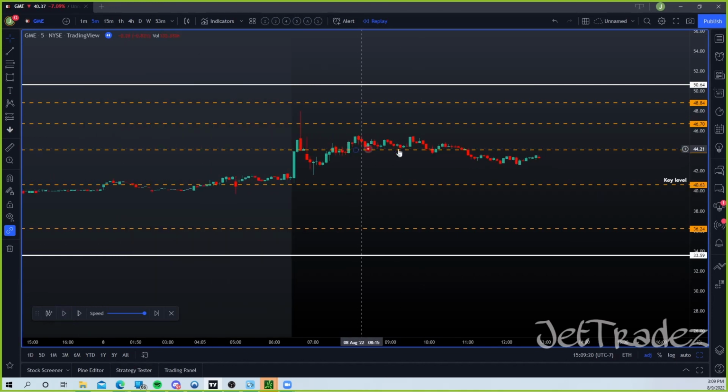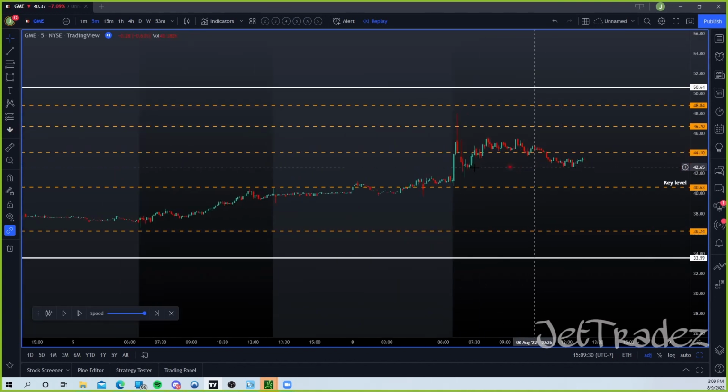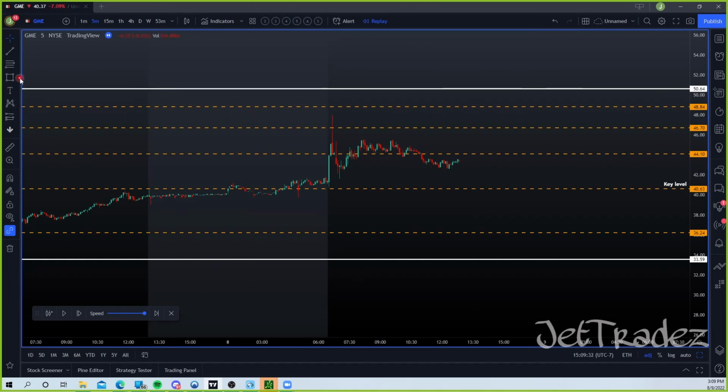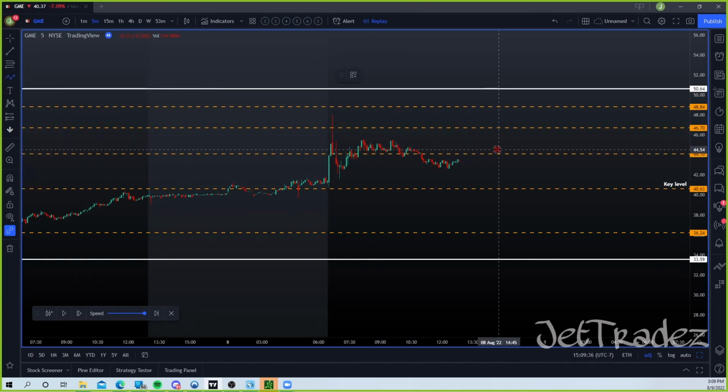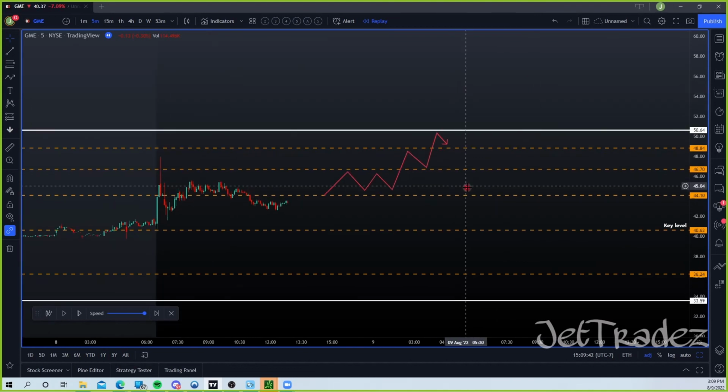See, it was holding. This is something you guys gotta remember. When it's holding something like this, especially when it's on your key level, just know that if it does break below, it's gonna try to come back down. That's the whole point of the market. Remember I told you in the beginning of the video, it goes up, comes down. The whole market is gonna try to do this, break up, do this, and then just keep doing that.